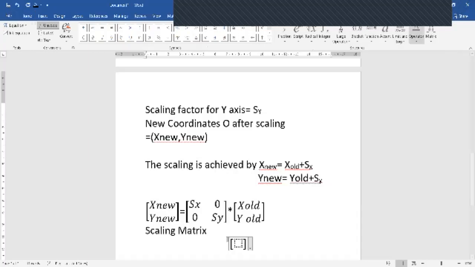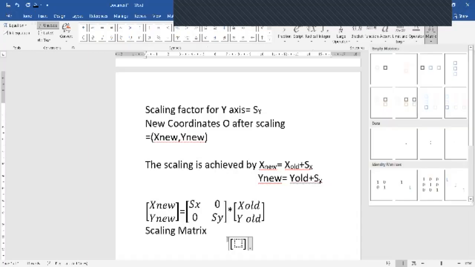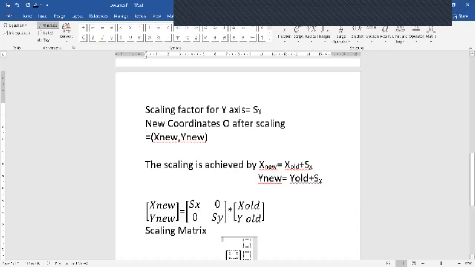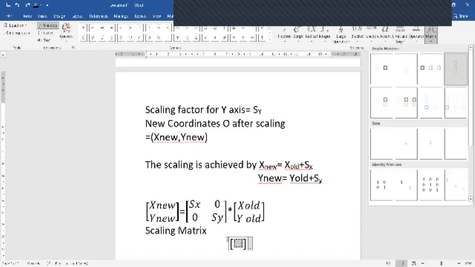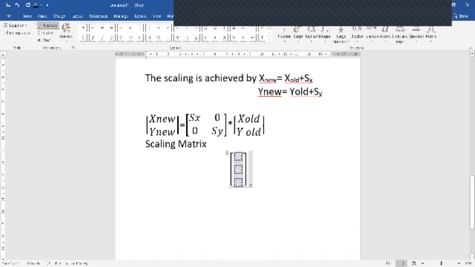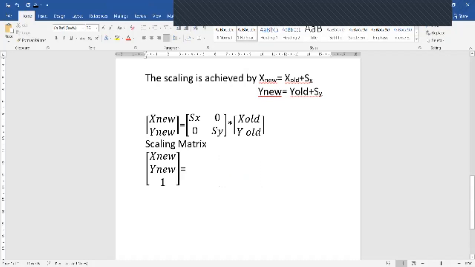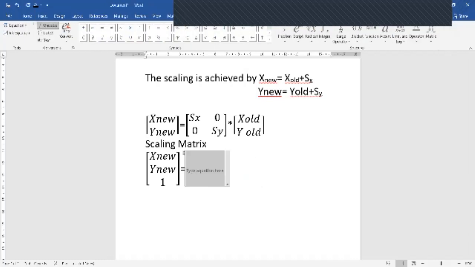So for the homogeneous coordinate system, it will be X new, Y new, 1 is equal to, again let me write the formula.